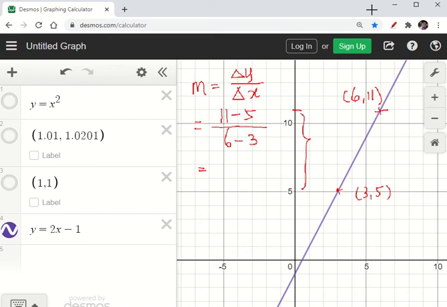In this case, we have 6 over 3, so the slope is 2. Basically, to find the slope of a straight line, we take 2 points, find the difference of y and the difference of x, and further find the ratio. The ratio is actually the slope.